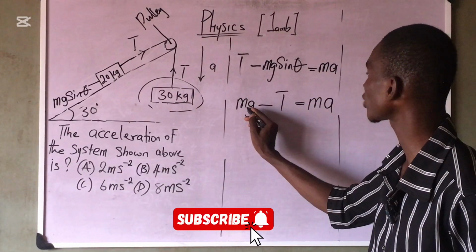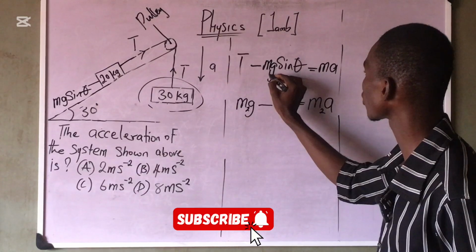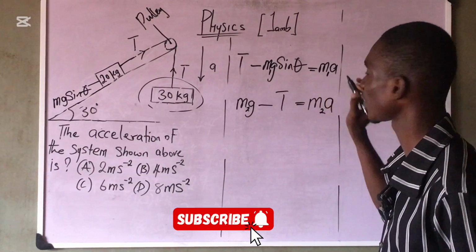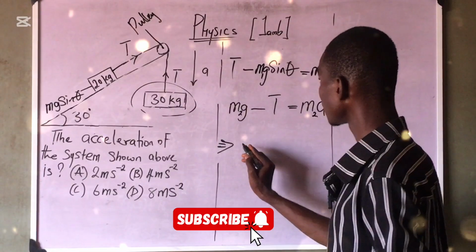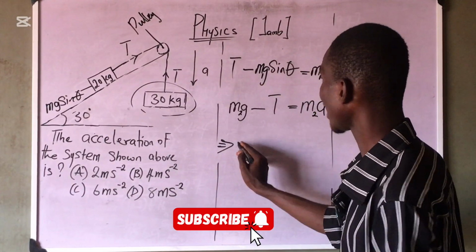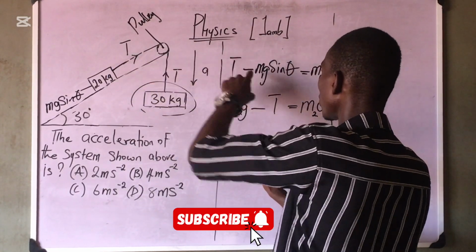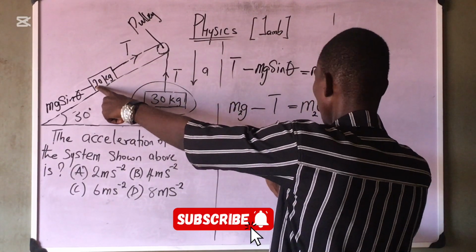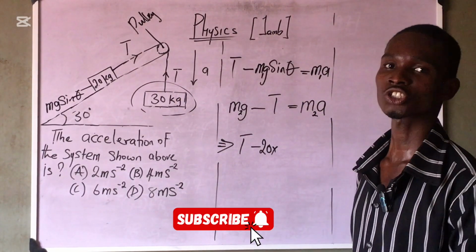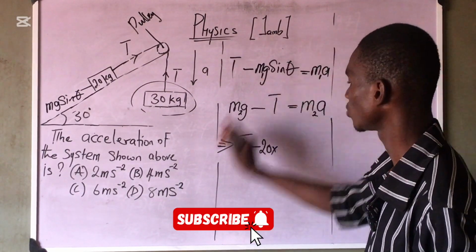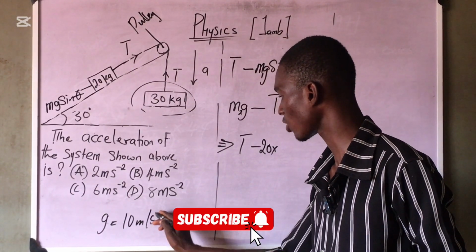Having two equations this way, can I put their values? Remember that this is the mass of the second body, and this is the mass of the first body. Having this way, I will have tension here, which is unknown, minus mass of the first body, which is 20, times gravity. Acceleration due to gravity is a constant value, g, equal to 10 meters per second squared.